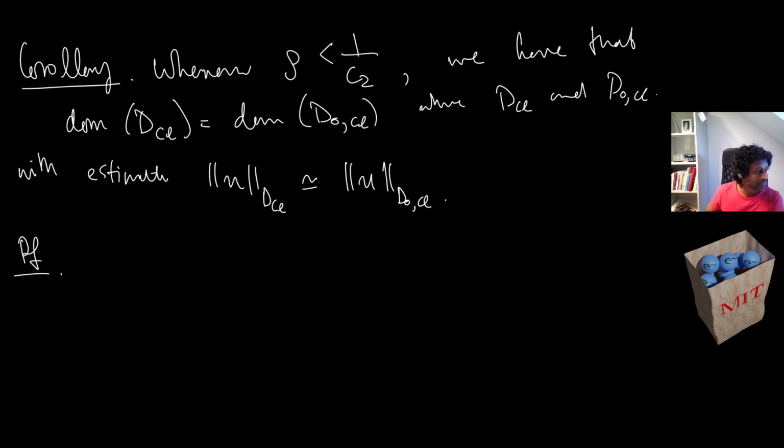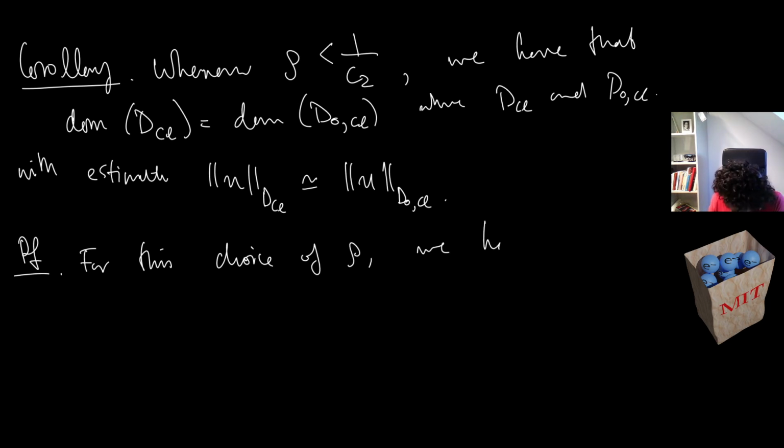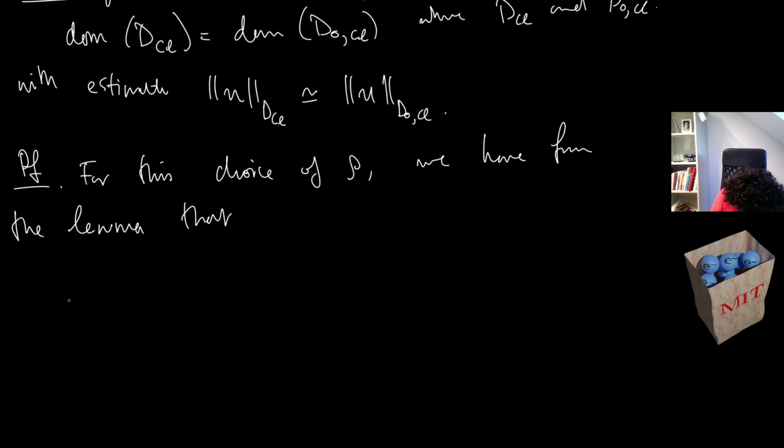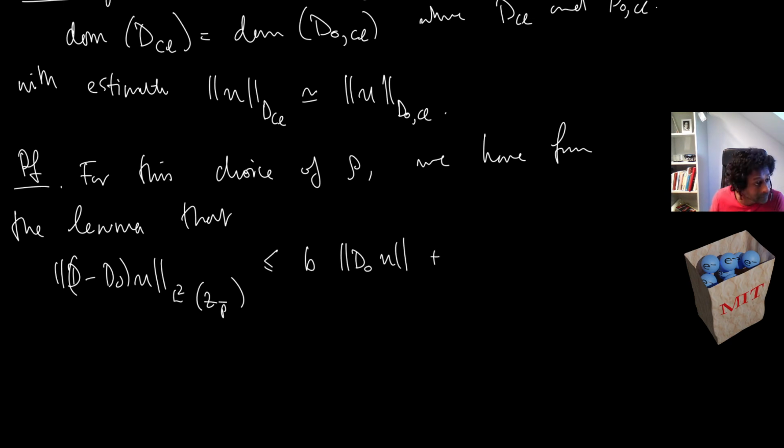So what do we have? For this choice of rho, we have from the lemma that the L2 norm on Z rho of (D minus D_0) of u is bounded by b times D_0 of u plus, I don't know what, C7 of u, right?